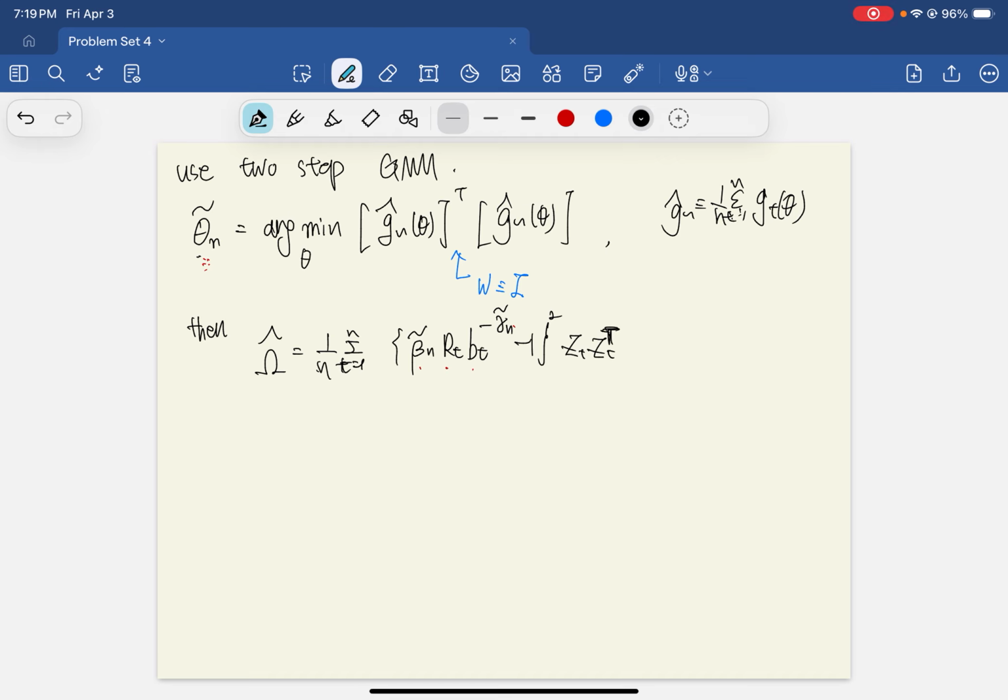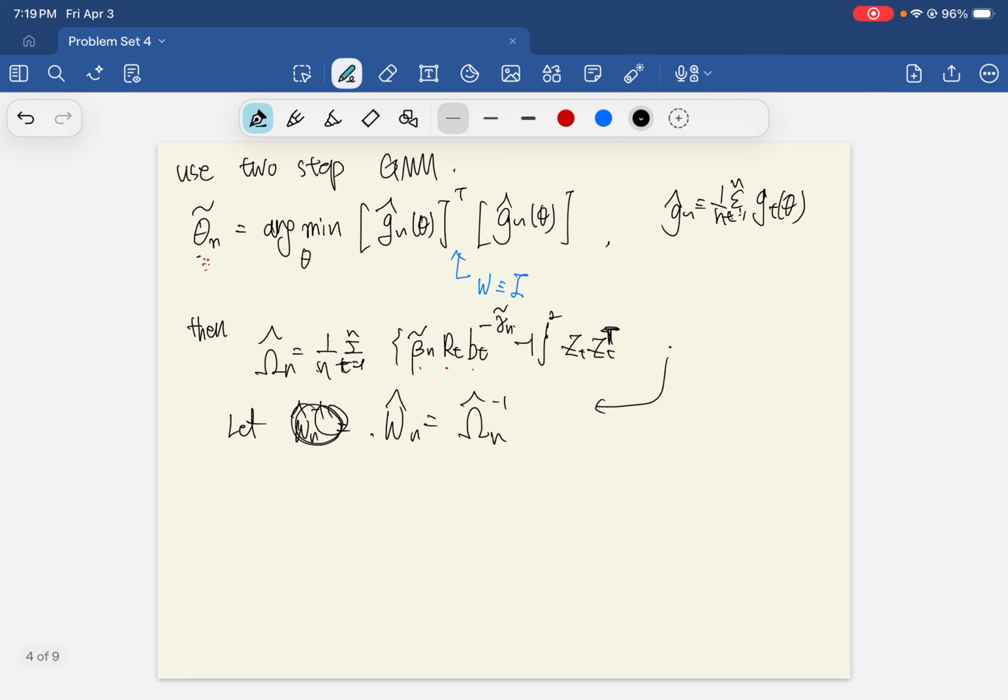You can calculate every part of this, and then let W hat n be omega hat inverse. So calculate this first and then invert it to obtain the weight. Okay, so this is how you calculate the weight. Actually, there is nothing special. It's just a little more annoying algebra.